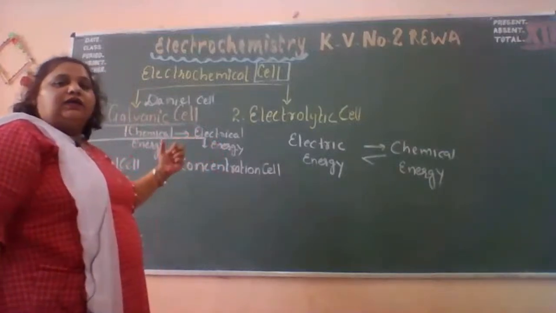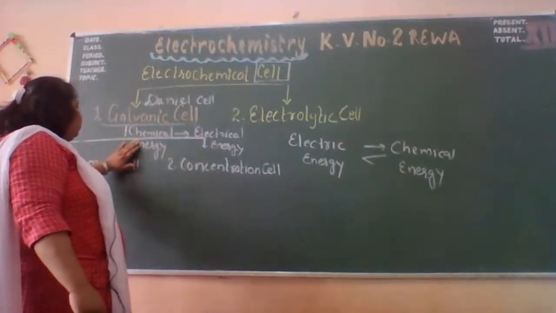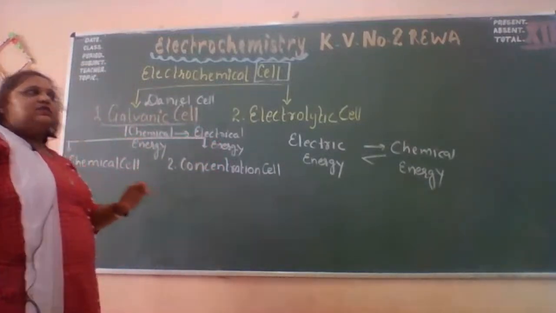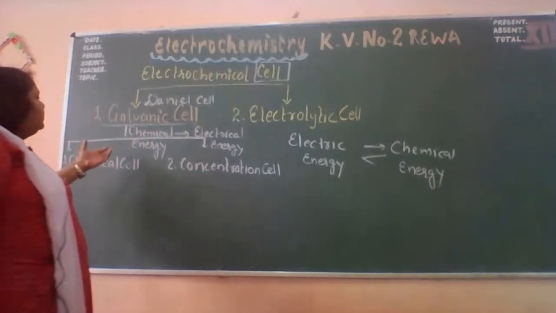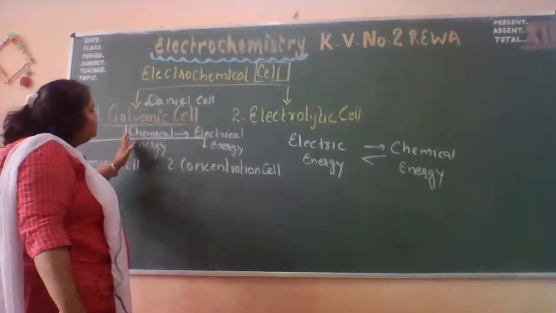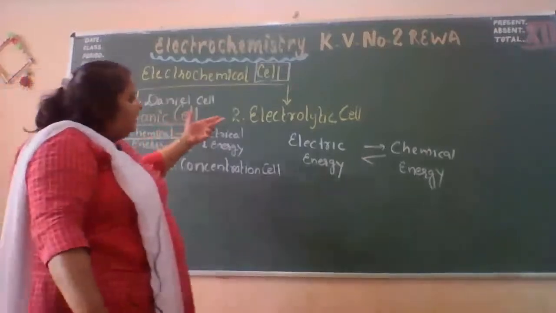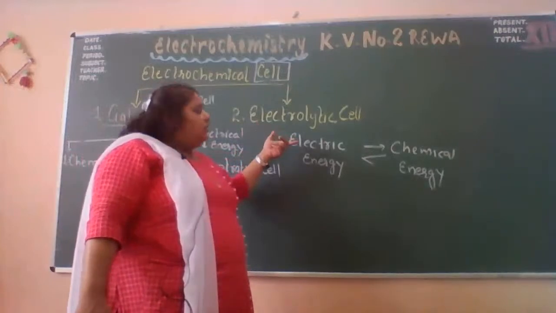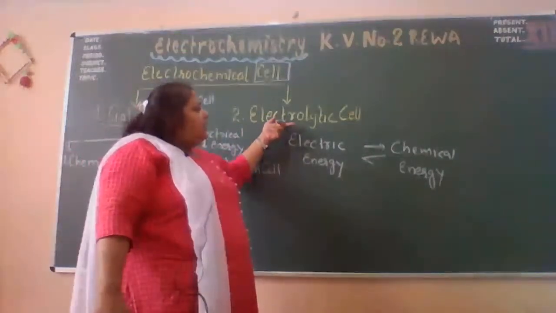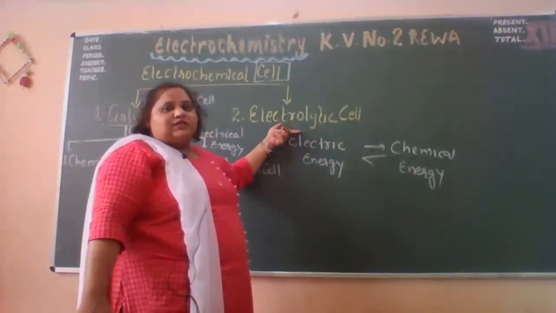That means by a chemical reaction, electric current is produced, and this reaction is a spontaneous redox reaction, right? The second type of cell is the electrolytic cell, where electrolysis takes place.